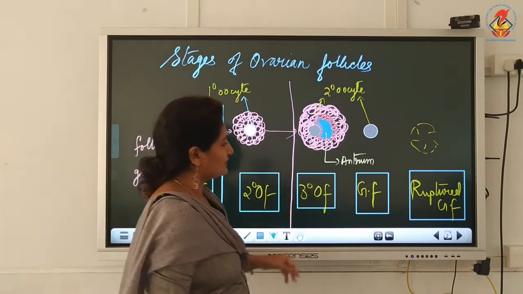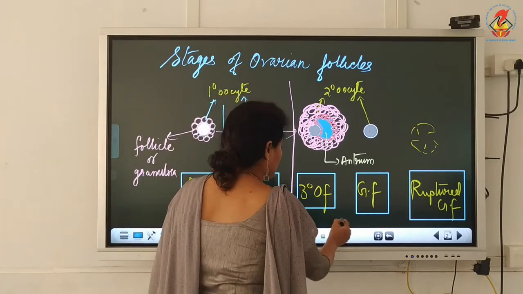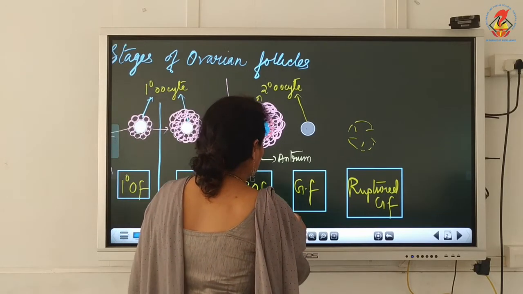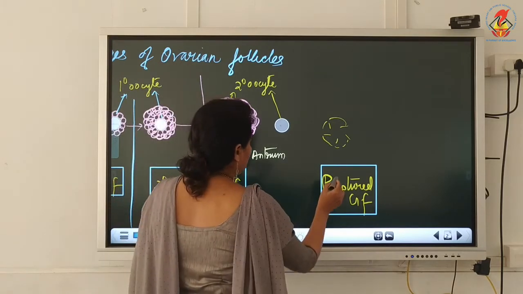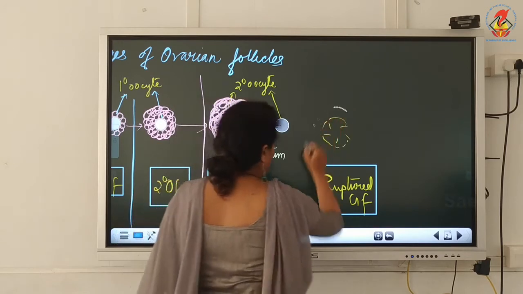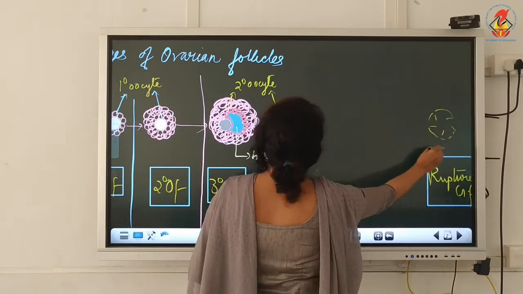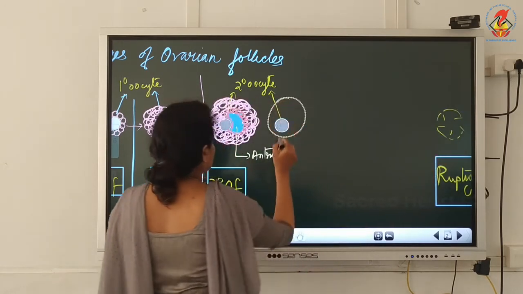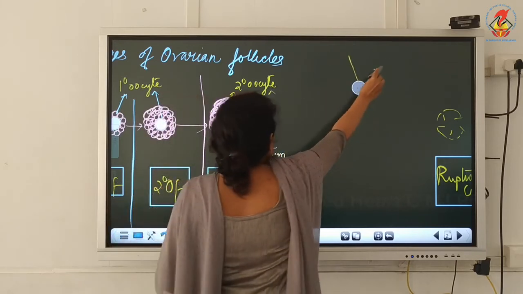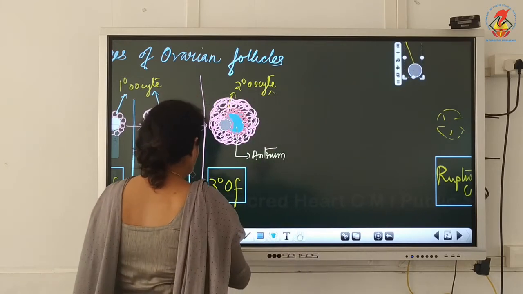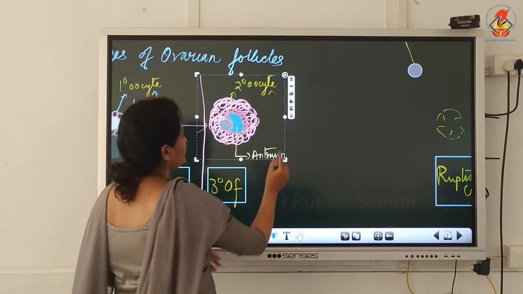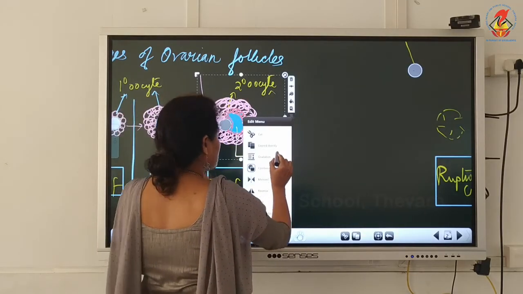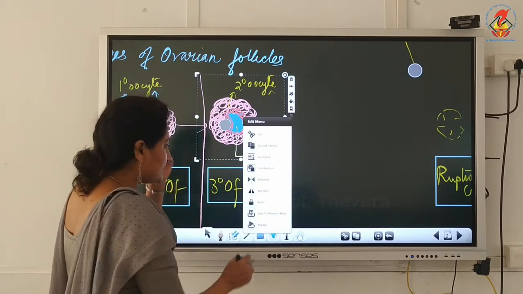Next, what happens is the Graafian follicle. Now, for Graafian follicle, I am going to replicate this diagram so that it will be instilled in your brain.